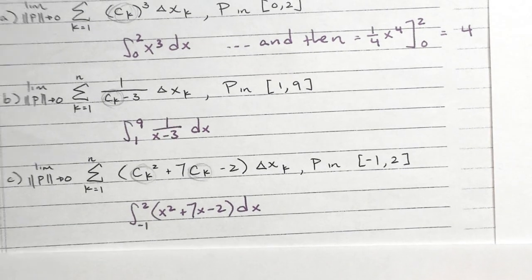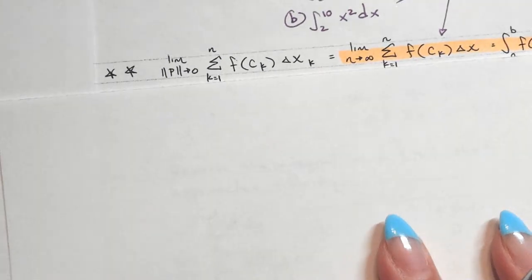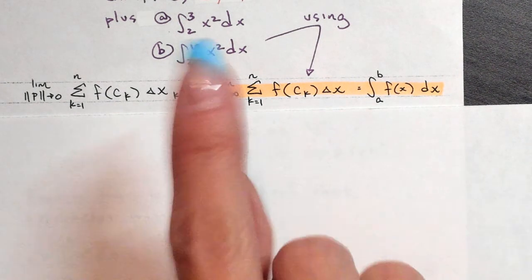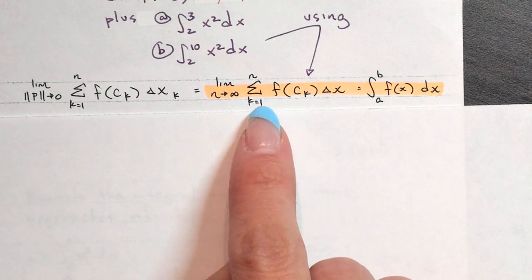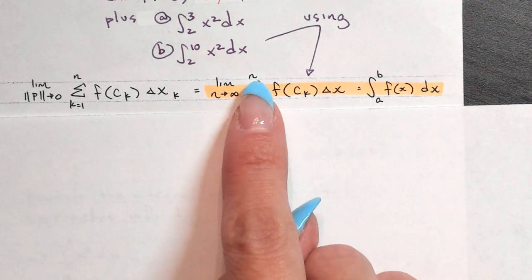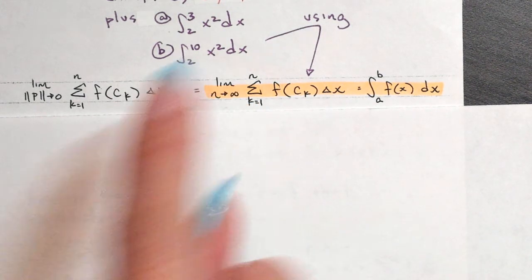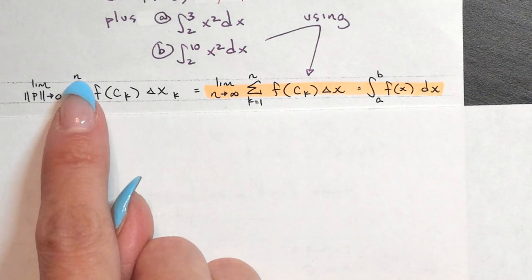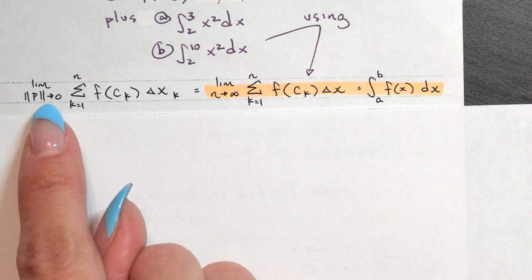All right, so the next part is a little bit more serious, and this is what you'll really see on an AP test, let's be honest. So this is what we just had. This makes a little bit more sense because this has to do with n. So we're saying plug in from 1 all the way to basically infinity. So this n kind of disappears, and we just make sure that we're plugging in lots of numbers from 1 to something, and that we're getting close to 0 for our widths, right?